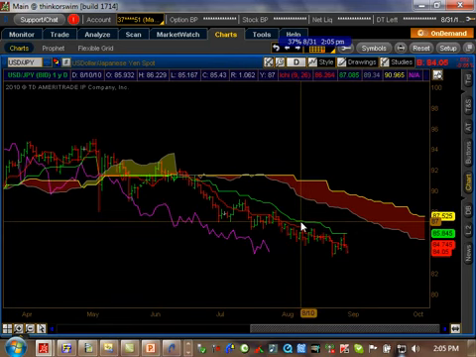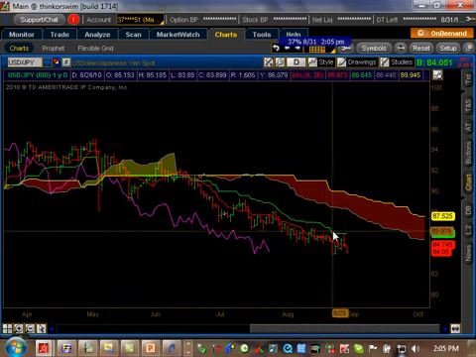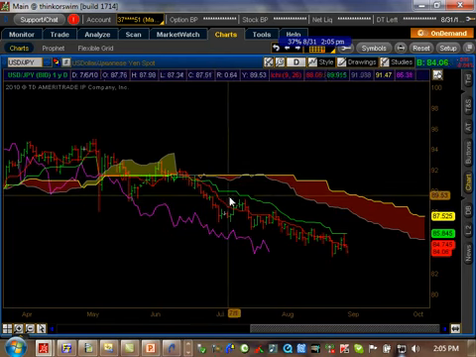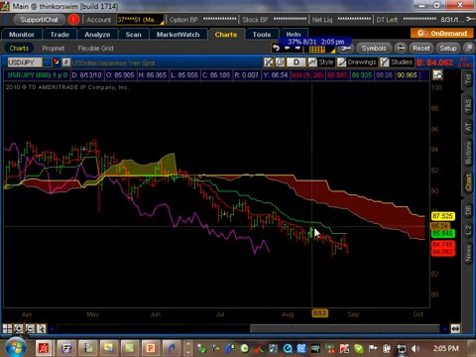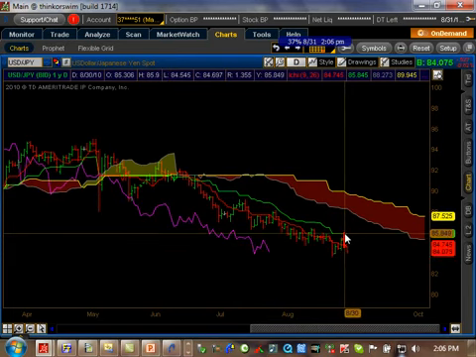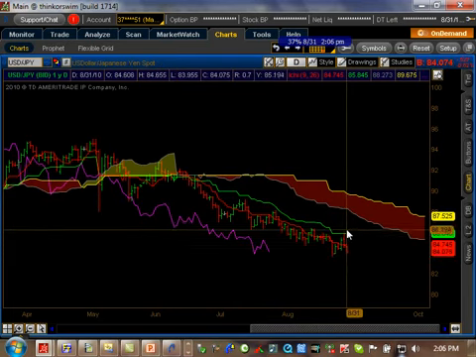So as the Kijun-sen moves, your stop's going to move. So this is like your trailing stop. Okay, and you can see that if you basically were in this trade and using the Kijun-sen as your stop, you're still in this trade. Okay, so that is the container for the trend. If price ever escapes that and crosses over to the other side, that indicates that a pullback is on the way or a trend change is about to occur.